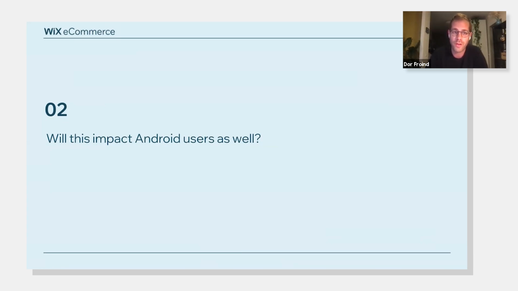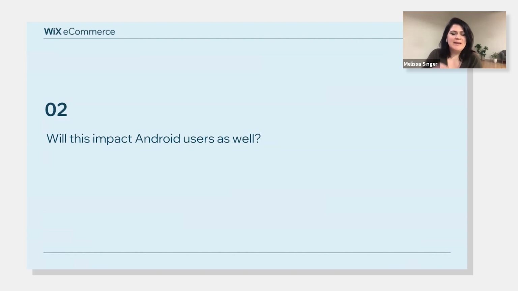So Android users will be impacted as well as part of the entire activity, but their data will stay the same. Okay. Obviously it impacts everyone from the merchant standpoint, but what you're saying is that with Android users, it's with them not having the ability to opt out, or it'll be different. Is that what you mean?